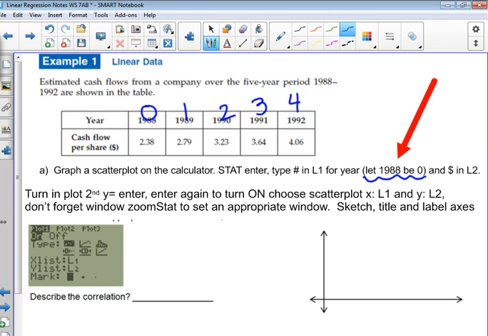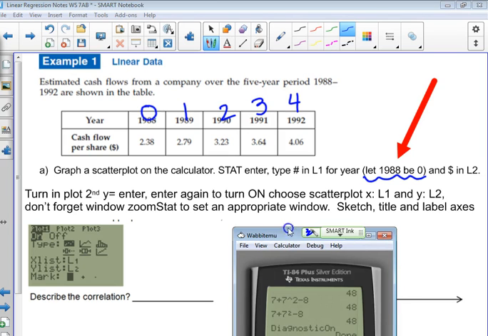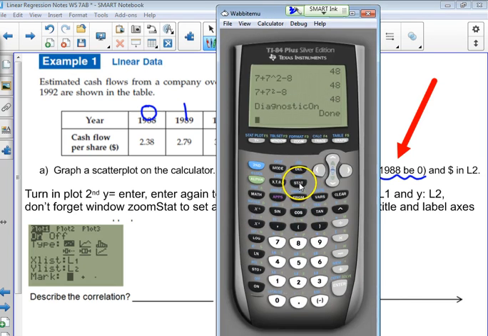All right, this is what I need everybody to do. Are we ready? I need you to hit the stat key, which is 2 over from the green alpha key, or whatever color your alpha key is. And then hit enter because we're going to edit these lists. Does anyone not have a list 1 and a list 2 at the top? L1 and L2. You don't have one? Okay.